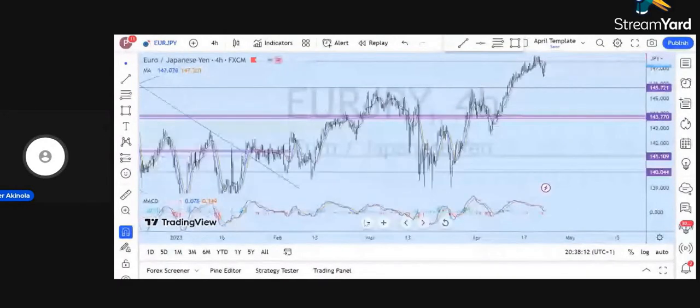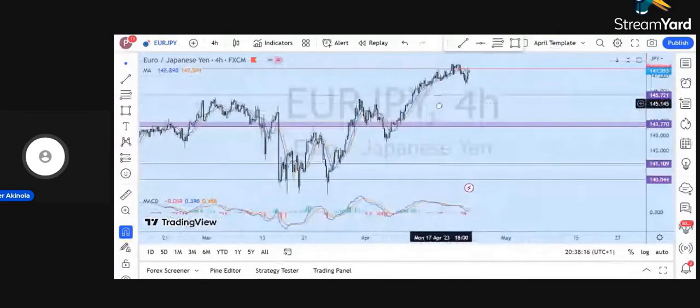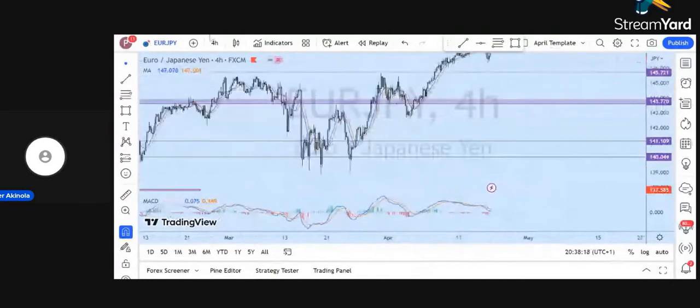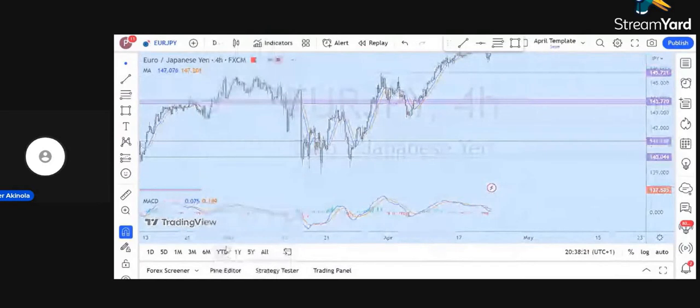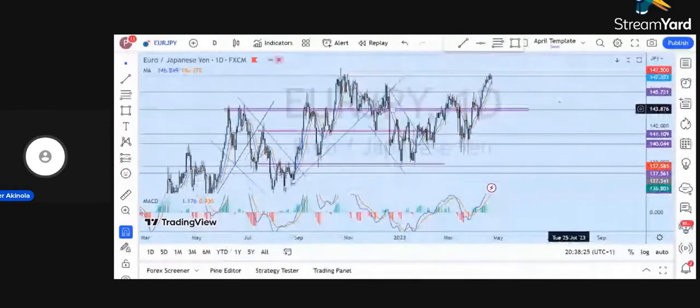So it's okay. Look at this. Let's go to the daily candlestick to bring it down a little bit. Now, what can you see?